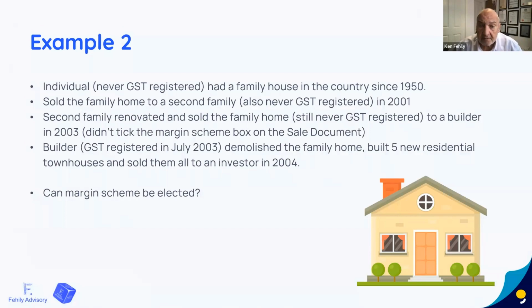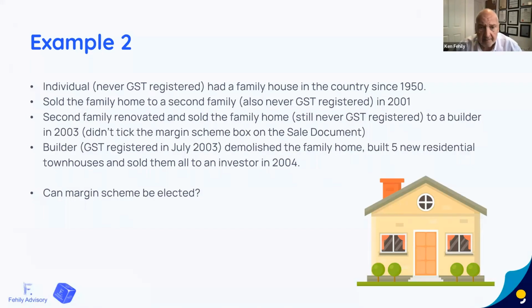The builder that bought it in 2003 then demolished the family home completely, knocked it down, even though the second family did a nice renovation, built 5 new townhouses and sold them all to an investor. Can the margin scheme be elected?